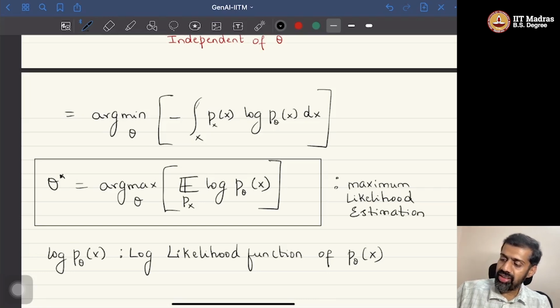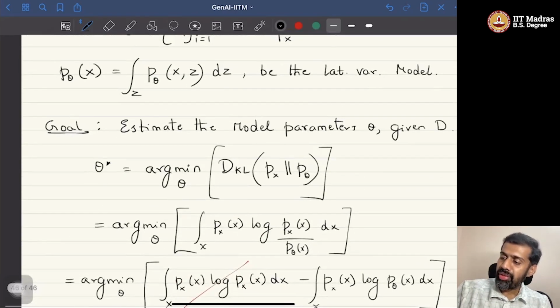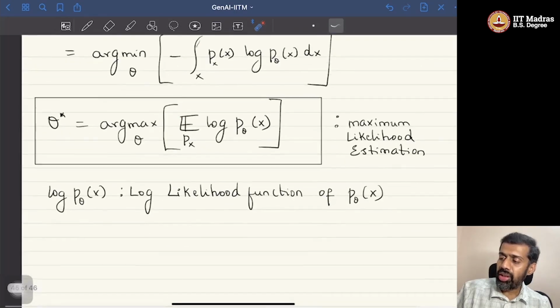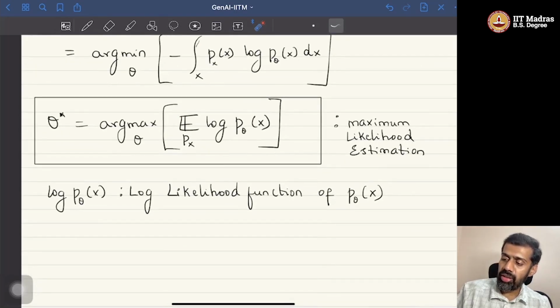Now note that estimating a model parameter by minimizing the KL divergence between the true or data distribution and the model distribution boils down to estimating the model parameters by maximizing the expected log likelihood, where the expectation is with respect to the true data distribution.